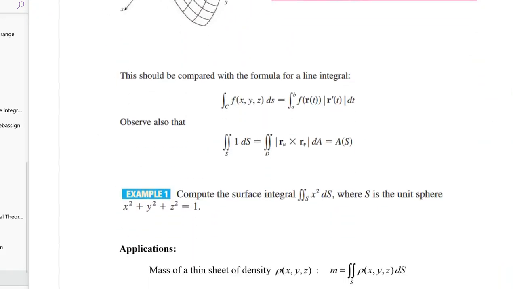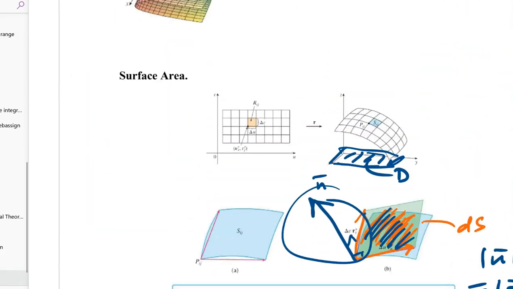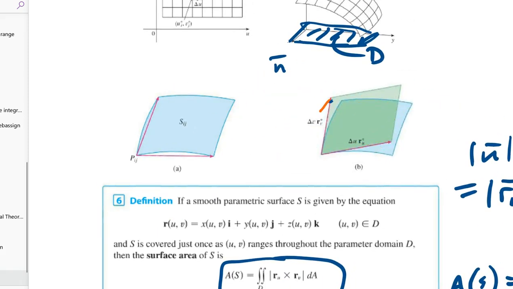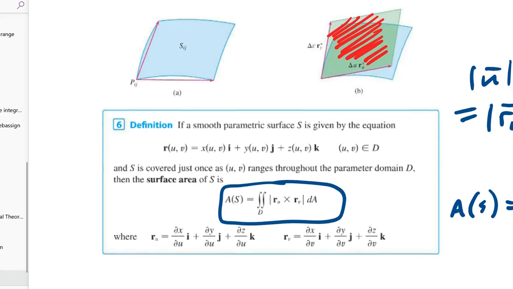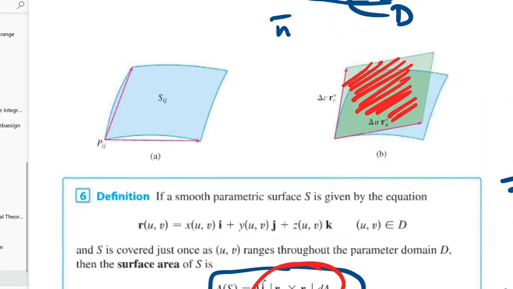Now, that little piece of your surface is curved, so what we're going to do is approximate it with a tangent plane, like we did in section 16.6. Right here, we approximated the surface with a little tangent plane area. That was the cross product of these two vectors that formed the tangent plane.